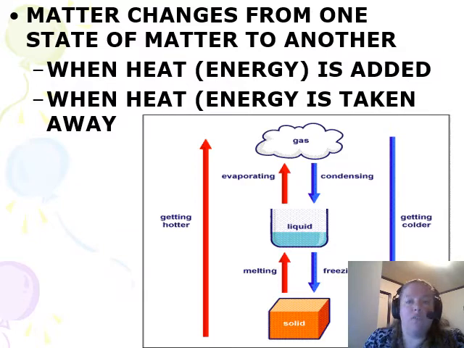Matter changes from one state to another when heat or energy is added or taken away. So down here at the bottom, you see a solid, and if it melts, it turns into a liquid, and then that evaporates and becomes a gas, and then the gas will condense, forming liquid. The liquid will freeze, forming the solid.